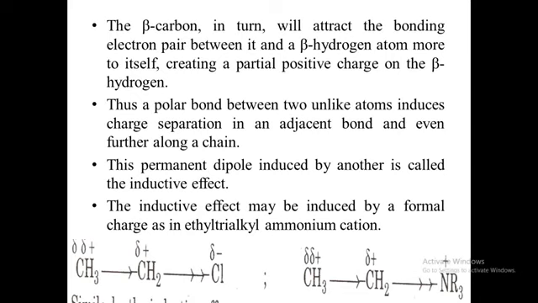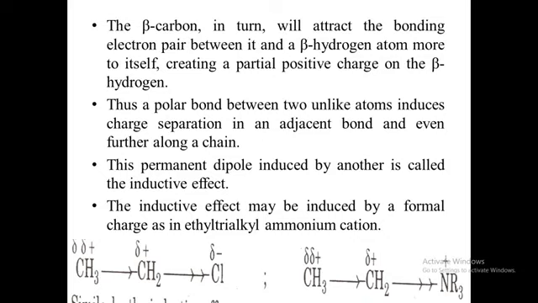Alright, now we hide CH3 and we take the case of CH2 and Cl. The bond between Cl and CH2 should be polar, and it's polar because chlorine is more electronegative as compared to CH2, so it will withdraw shared pair of electron from carbon, so there will be a production of partial positive charge on carbon.